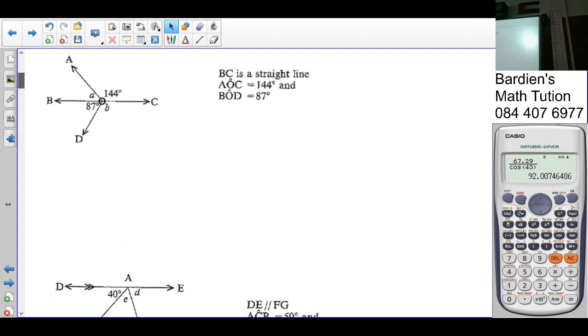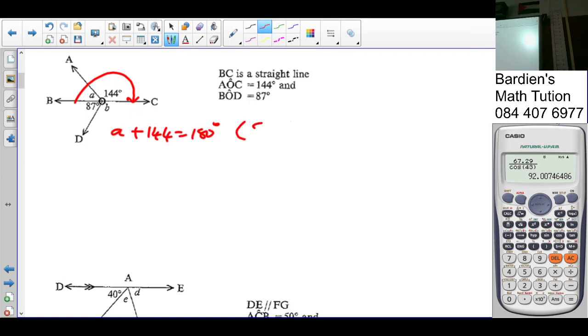Alright, so I'm going to calculate A. A plus 144 is equal to 180. Why? Angles on a straight line. So A is equal to 180 minus 144, which is 36.